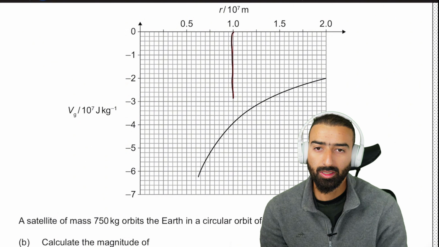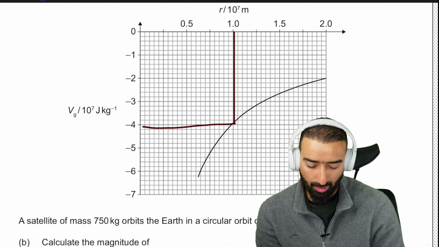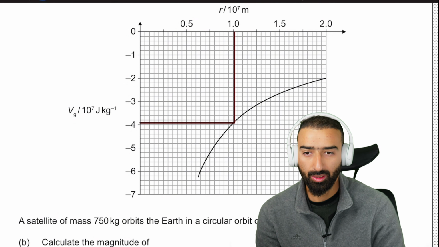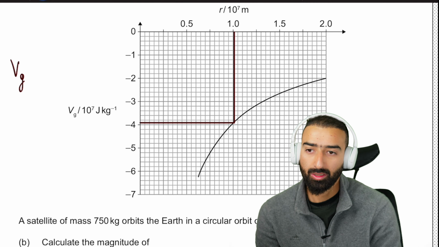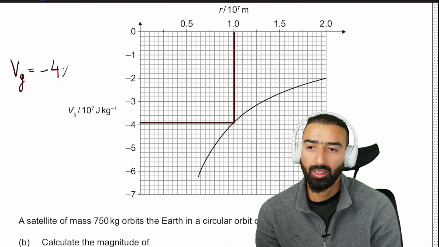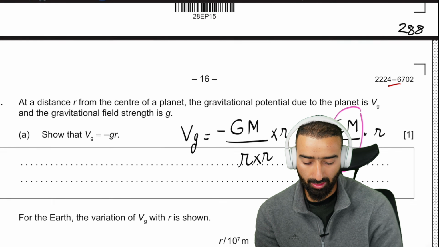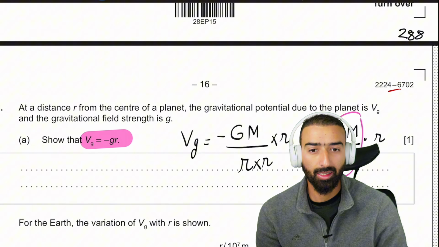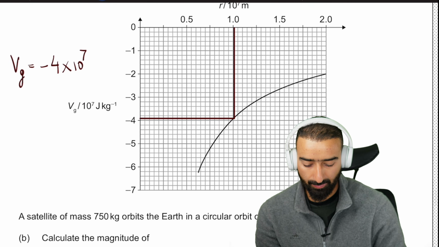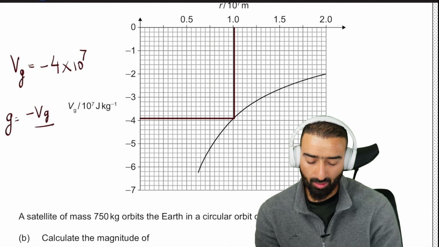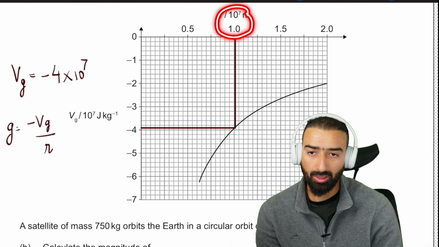So the distance is 1 into 10 to the 7, that's here, and the corresponding gravitational potential is minus 4 into 10 to the 7. So we can use this equation, Vg equals minus g r, to solve for g. That means g equals minus Vg over r, and r is 1 into 10 to the 7.